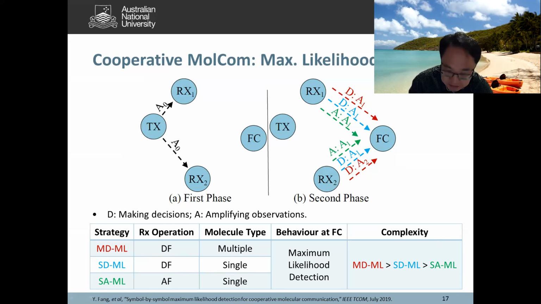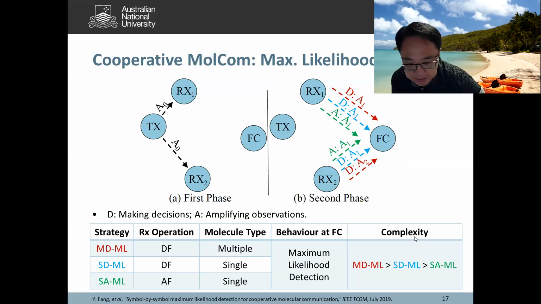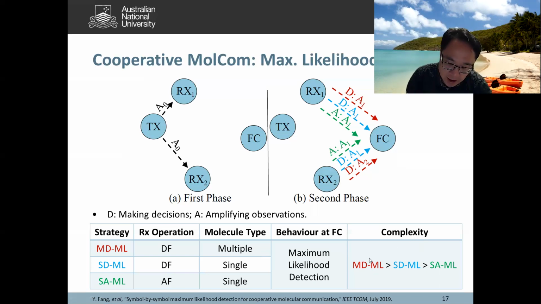Based on these principles, we can easily see that for the complexity comparison, MDML has the highest complexity because it uses decode and forward operation, and also it requires multiple types of molecules. And then SAML has the lowest complexity, and SDML is in the middle.